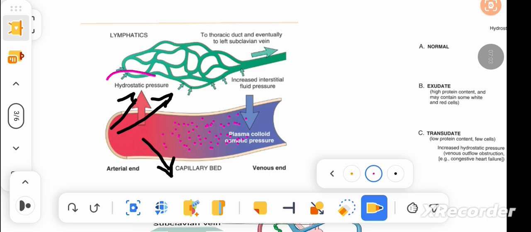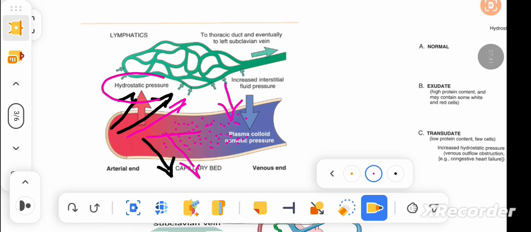Due to that hydrostatic pressure, we have fluids leaving the blood vessel, but as blood flows to the venous end, we have increased plasma colloid osmotic pressure. That increased pressure will lead to draining the fluid back into the blood vessel.